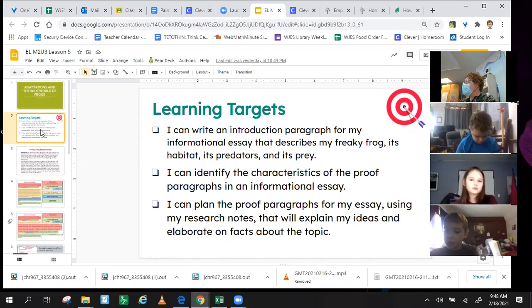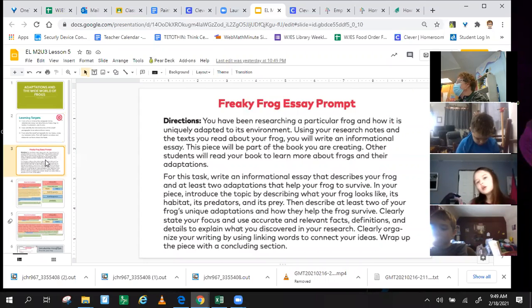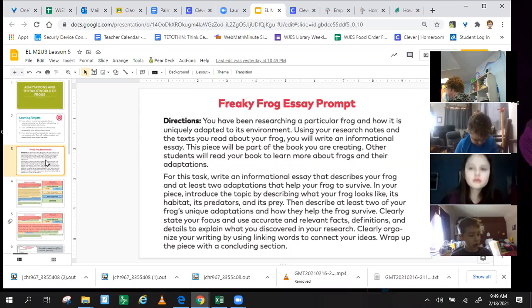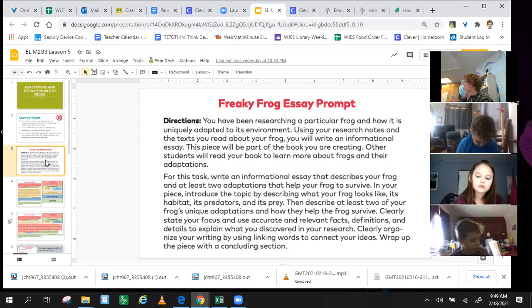rest of the essay. So yesterday, you thought about what you think your reader will need to know about your frog to clean up any misconceptions. The water holding frog, is it really just holding some water, right? It has another system for that.